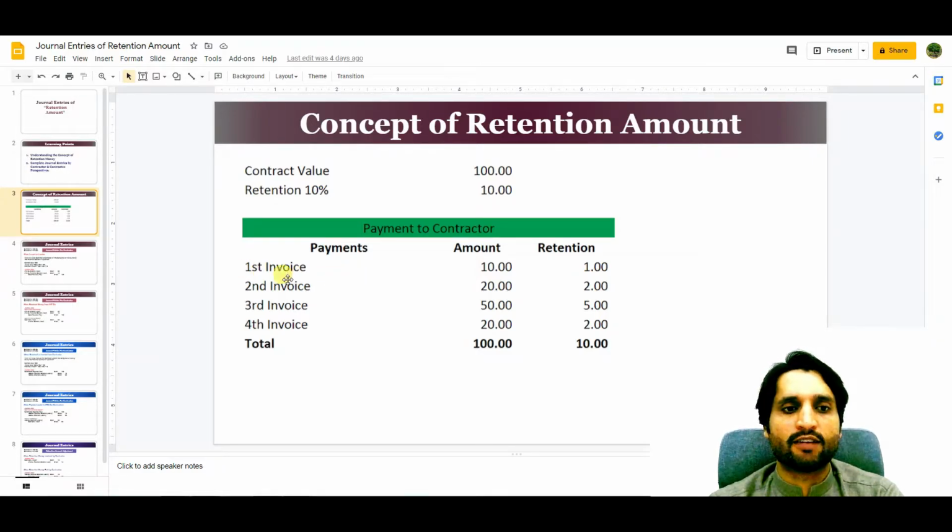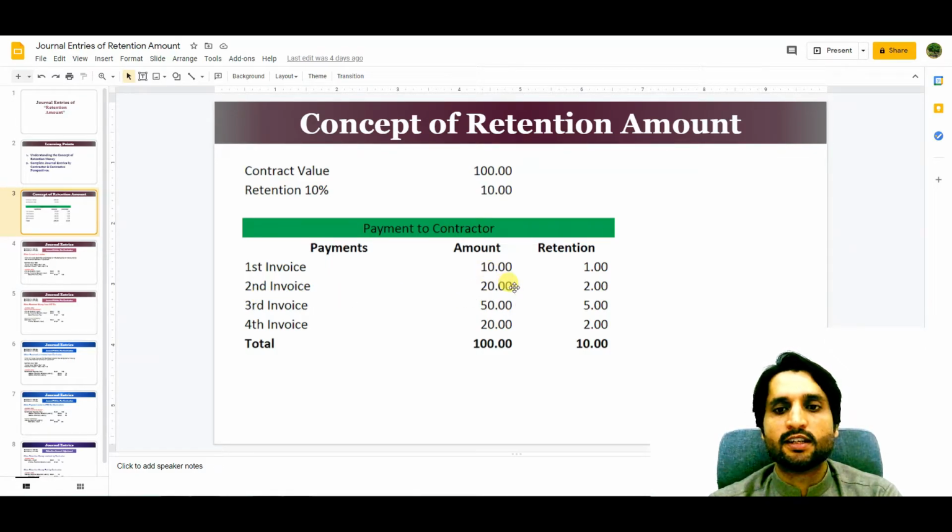Suppose he submitted the first invoice for $10. Out of this, $1 will be the retention amount, which will be kept by the contractee. After that, he submits the second invoice for $20.